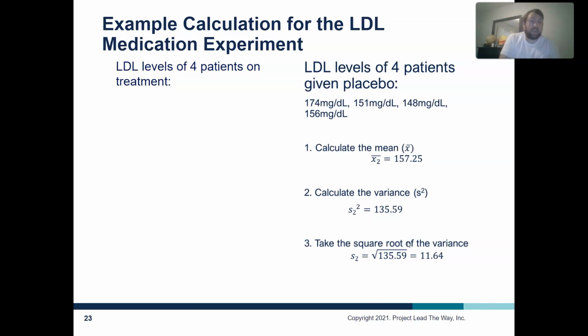So you can see on the right side that they calculated the variance again of this LDL. We got that 135.59 last time. We just go ahead and take the square root of that variance, and our standard deviation is 11.64.